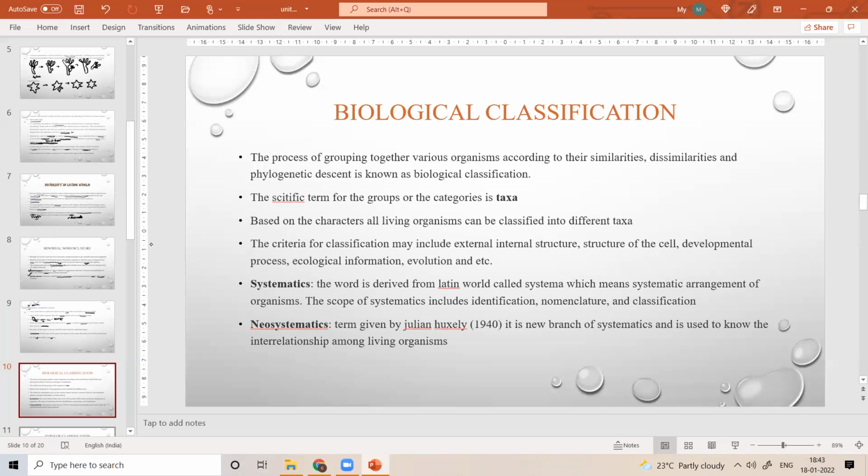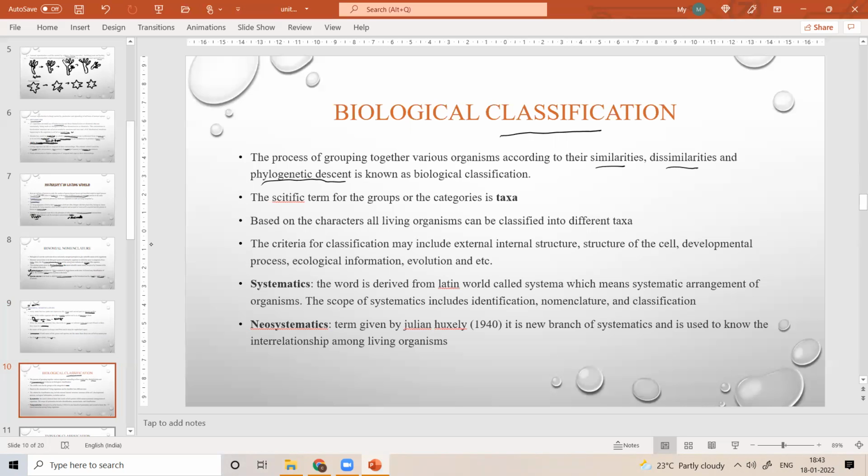So what do we mean by classification? First we need to understand that classification is nothing but sorting out, or the process of grouping. The process of grouping together various organisms according to their similarities, dissimilarities, and according to their phylogenetic descent. That means how they evolved. The phylogenetic relations are nothing but how the organism evolved.